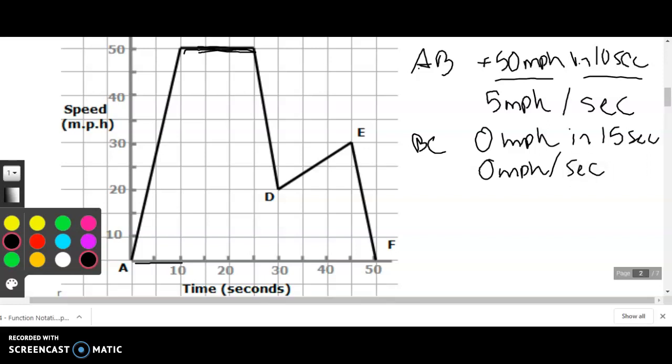per second. From C to D, which is this interval right here, we're going from 50 down to 20, so we're going down 30 miles per hour, and it's taking us from 25 to 30 seconds, so it's taking us 5 seconds to do.